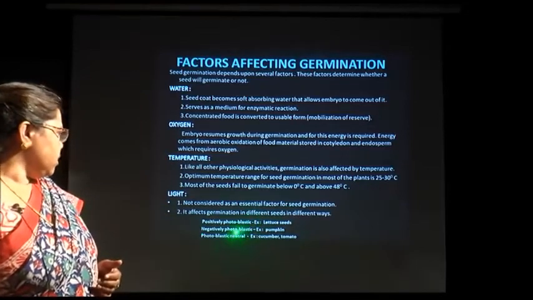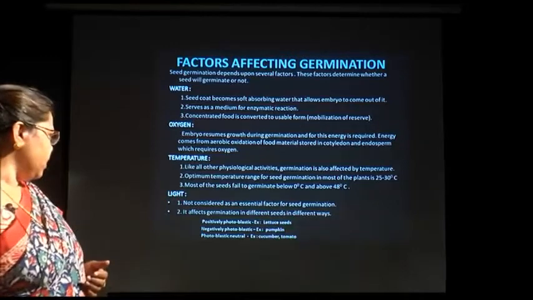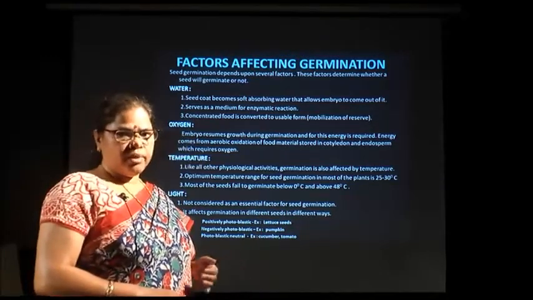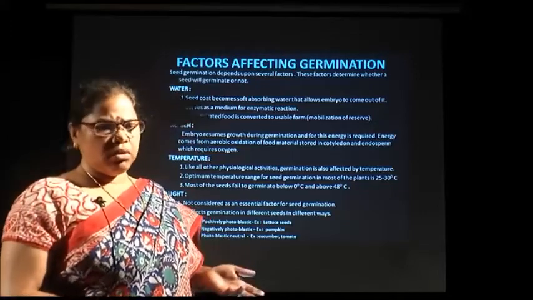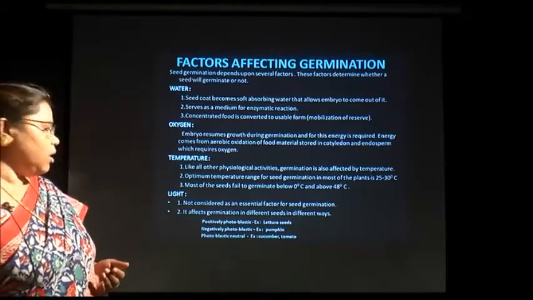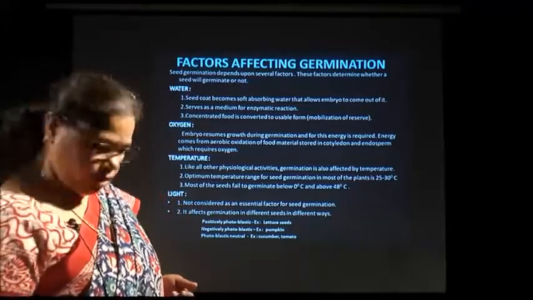Similarly some seeds do not germinate in the presence of light, for example pumpkin, and other seeds are neutral to light, that means whether light is present or not they will germinate. They are known as photoblastic neutral seeds, for example cucumber and tomato.